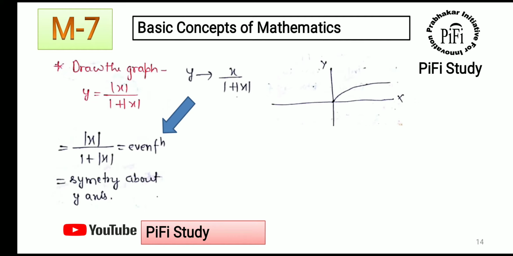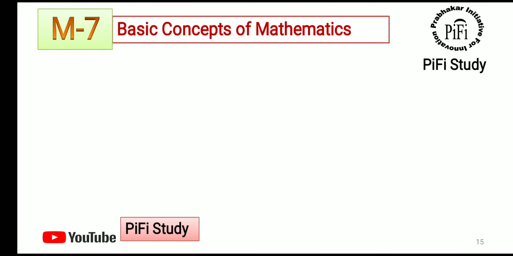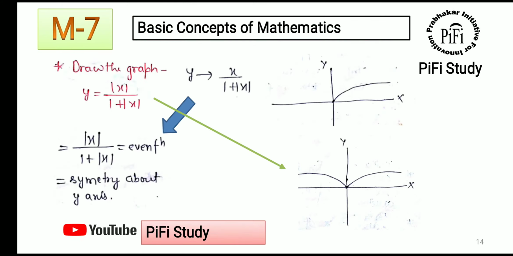It is an odd function, then take the symmetry about the origin. Then it is mod of x, so take the symmetry about the y axis and do not consider the negative portion. Then you take the symmetry about the y axis. There is no negative portion, so you can neglect it.